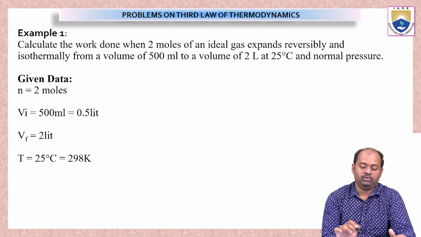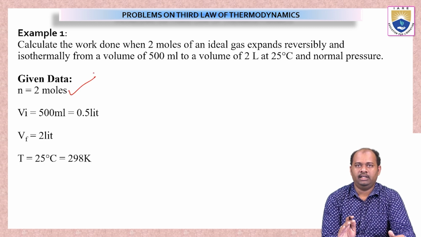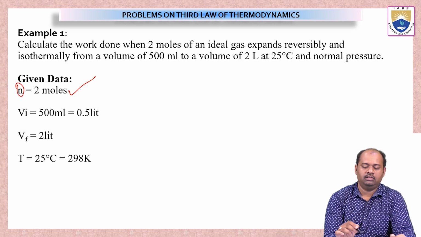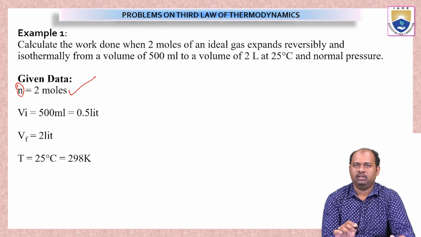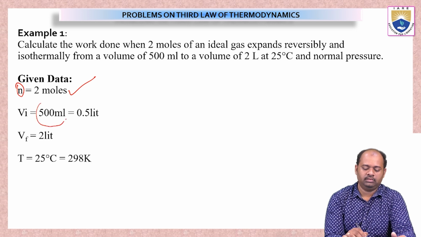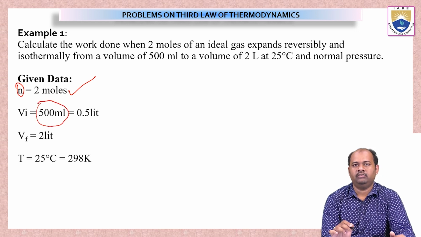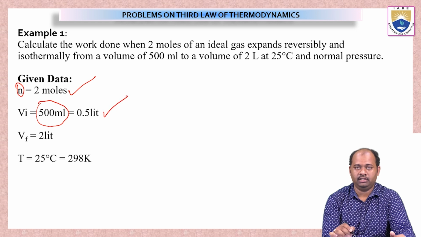Now, 2 moles of an ideal gas. The number of moles is represented with small n, so n is equal to 2 moles. Also, the initial volume is given in the question, that is Vi is equal to 500 milliliters, which is equal to 0.5 liters.